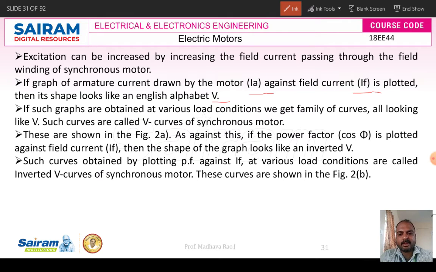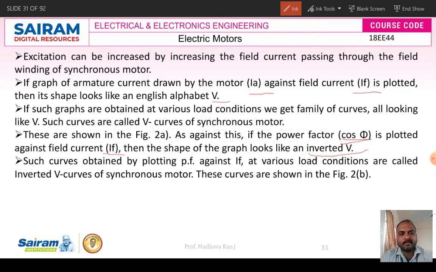If you draw power factor cos phi versus IF, we will get the inverted V curves. Such curves are obtained by plotting power factor against IF.